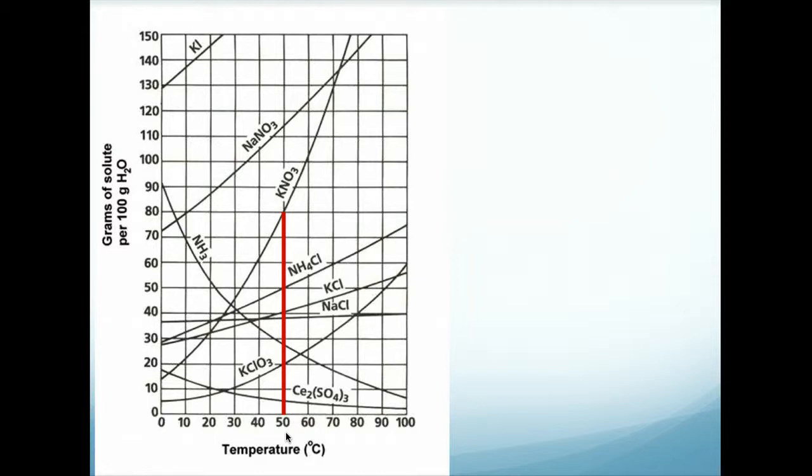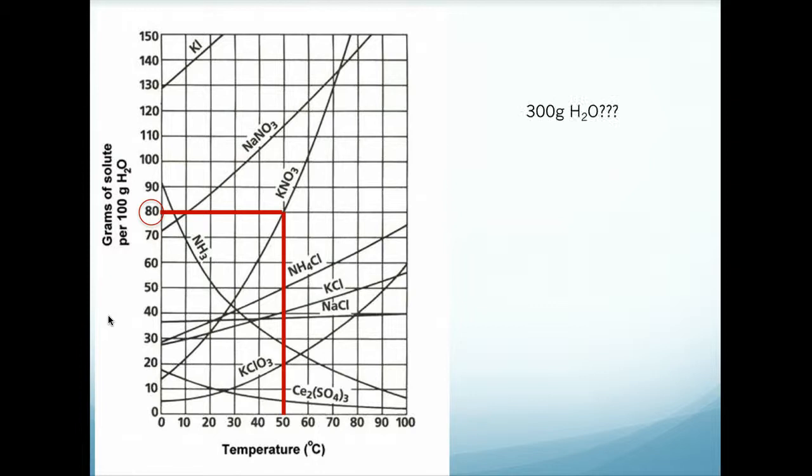It's going to be different for different compounds, but just for potassium nitrate, when we hit that line, we're going to travel to the left, and we're going to see that in 100 grams of water, we have 80 grams that we can dissolve. Okay, 80 grams per 100 grams of water.